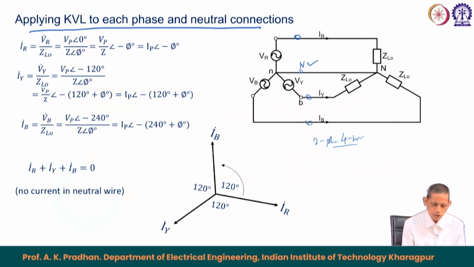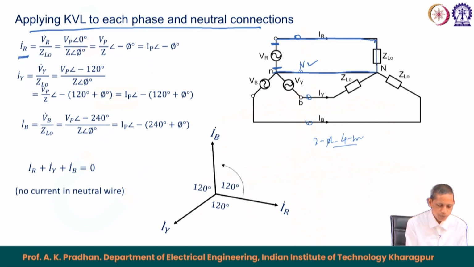If you see this connection, let us consider only the R phase; similarly we can analyze the other phases also. The corresponding IR current path becomes a closed path like this. So, IR becomes equal to VR upon ZL0, voltage VR upon the impedance Z.